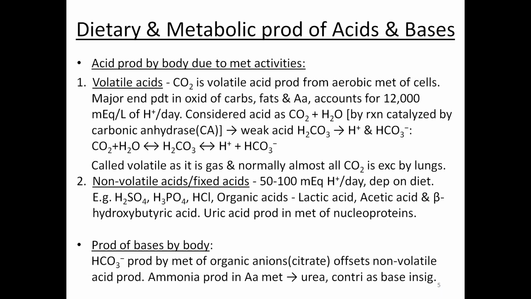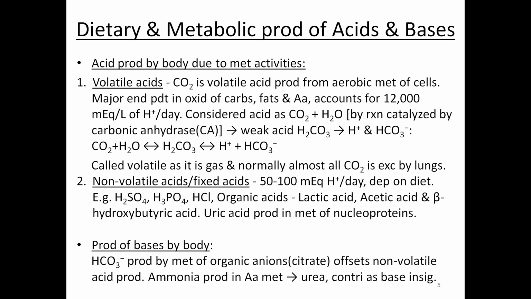So which are the non-volatile acids? Sulfuric acid, phosphoric acid, hydrochloric acid, and organic acids like lactic acid, acetic acid, and beta-hydroxybutyric acid. Also, uric acid, which is produced in the metabolism of nucleoproteins, comes under the category of non-volatile acids.